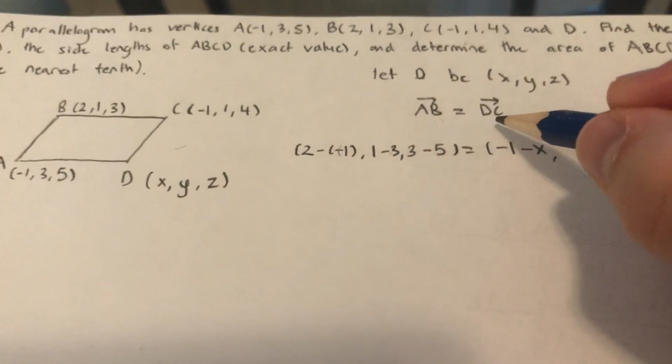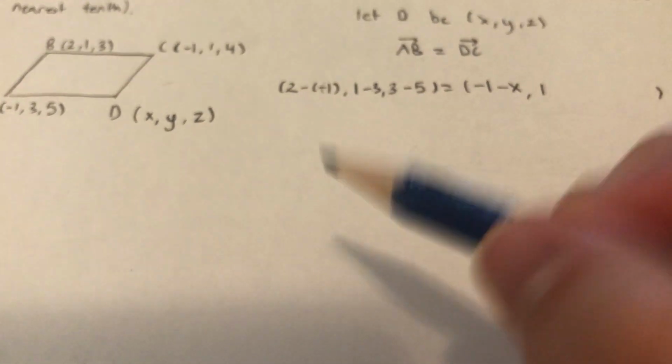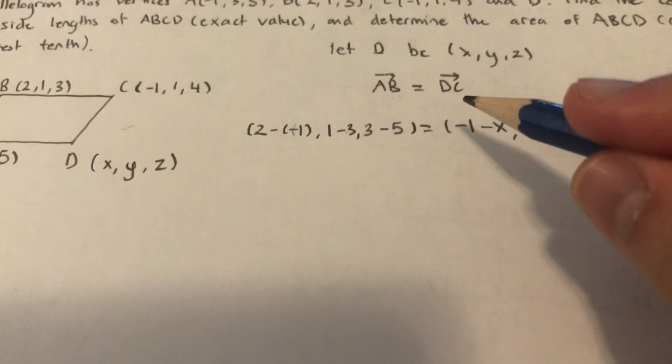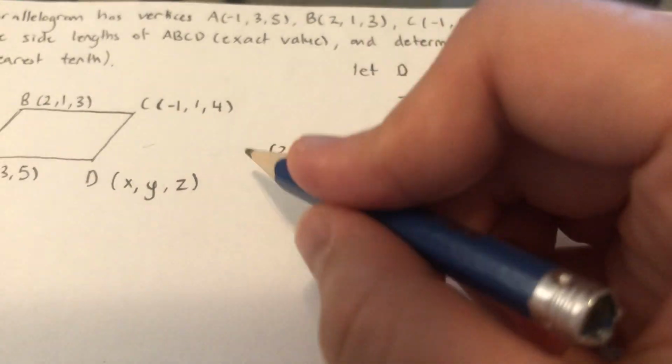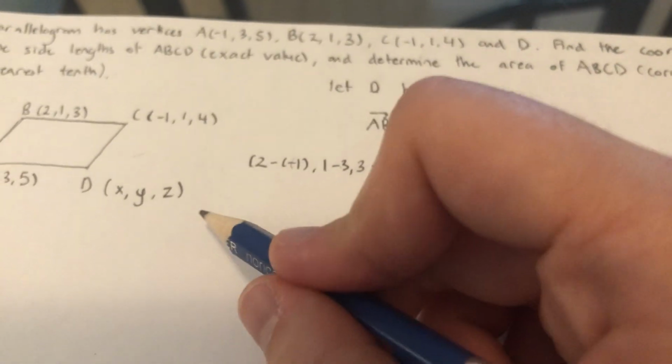Now the y value of C, 1, minus the y value of D, which once again is a placeholder because that's what we're trying to find, so let's just do y. And lastly, the z value of C, which we know is 4, minus the z value of D, which is our placeholder z.